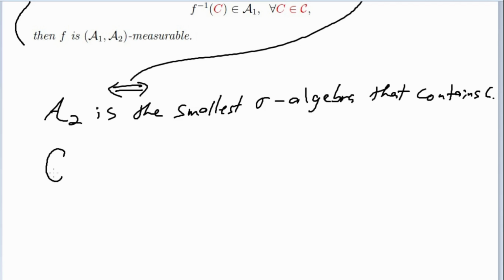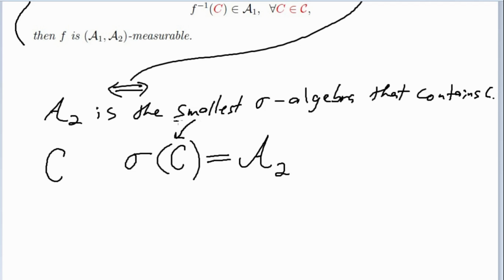All sigma algebras have to be closed with regard to complements, right? So maybe a complement is missing and I add that in there. Or maybe something else is missing. In any case, I want to create a sigma algebra out of that, and I call that sigma algebra sigma of C. That is the smallest sigma algebra containing C. And what we're saying here is that sigma of C is equal to A2.